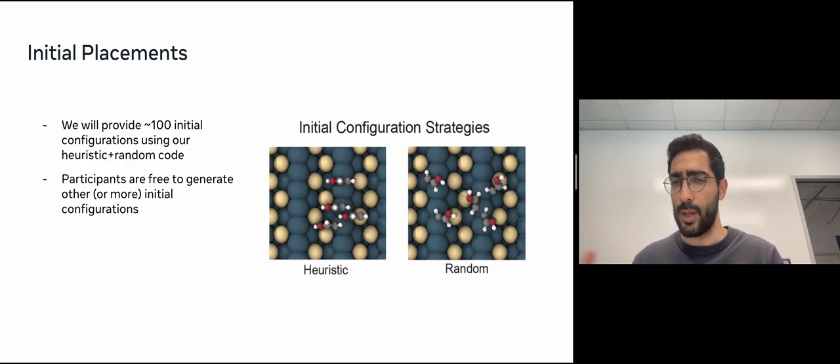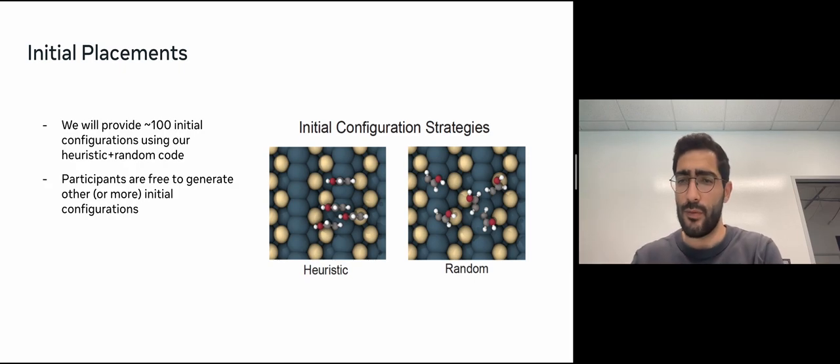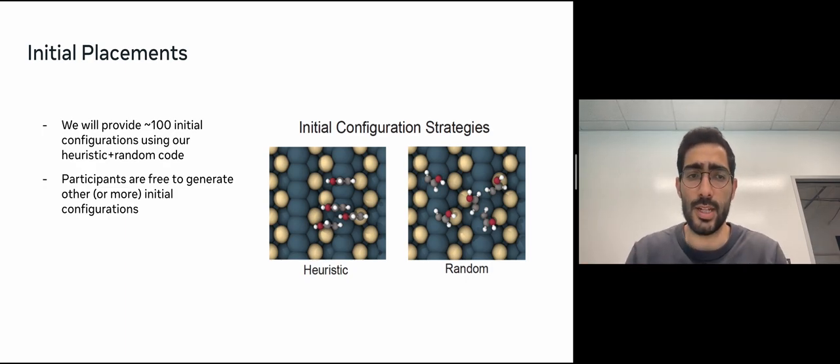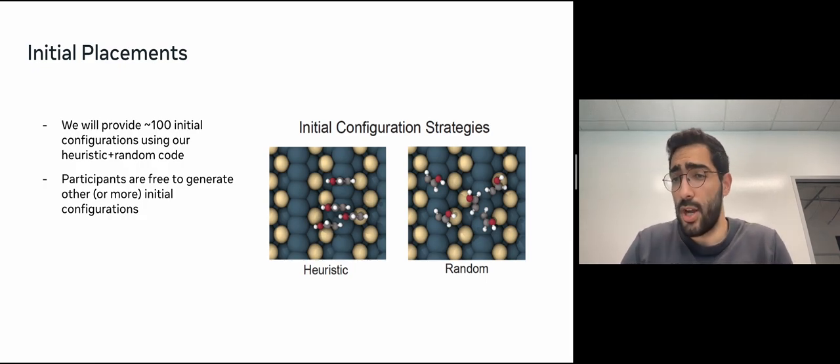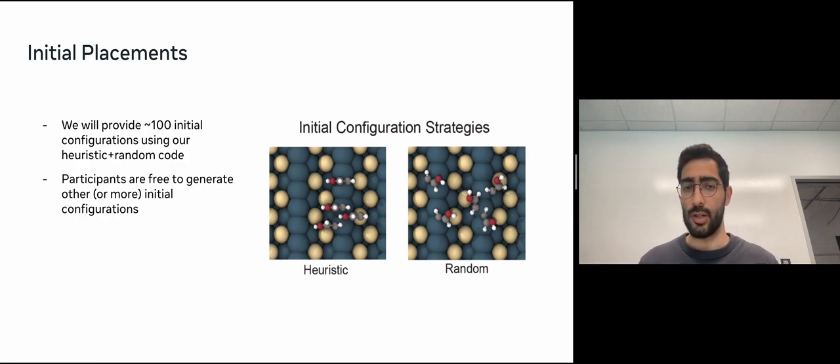Of course, you may not be able to carefully hand tune it for the entire 200, but maybe you have an algorithm that has a better way to place adsorbates on that surface. And really, we're allowing participants to freely generate other or more initial configurations. So you can generate 500 initial configurations if you think it's useful in your context.